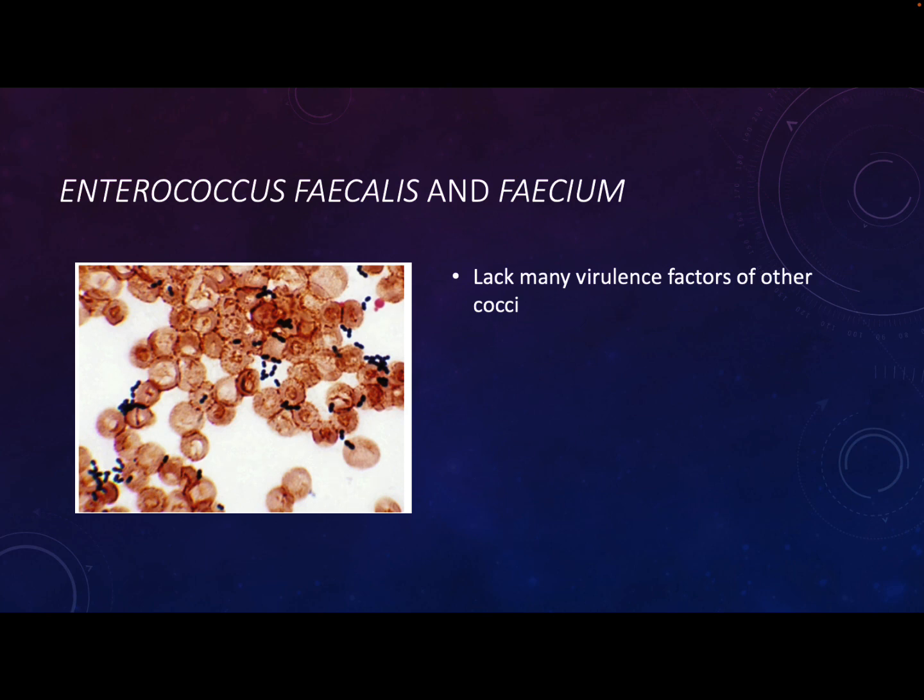They lack a lot of the other virulence factors that some of the others, like staph and strep, have, though they do have some adherence. They have some antibiotic resistance. But for the most part, these are going to be more opportunistic types of infection, especially in a hospital setting.